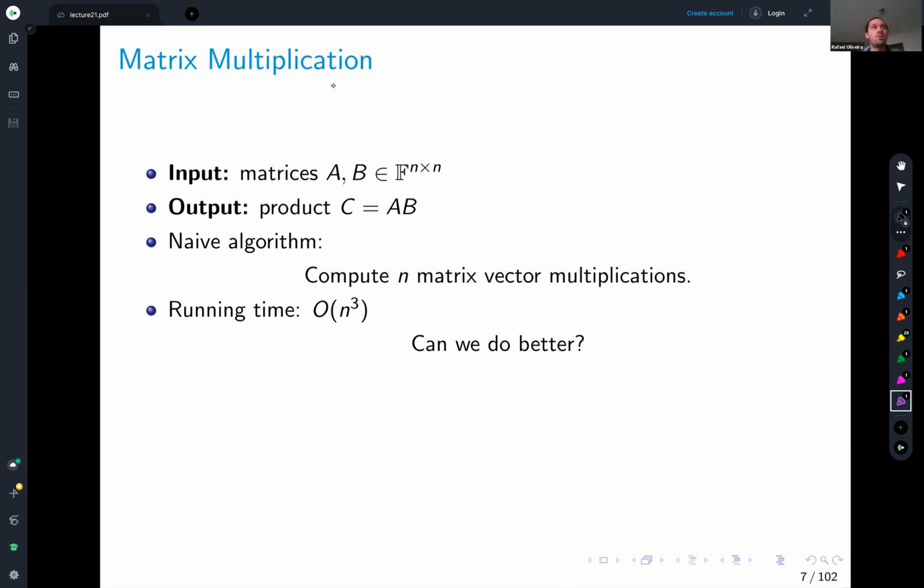And the question is, as always, can we do better? And what is the limit of better here, before we even answer this question?